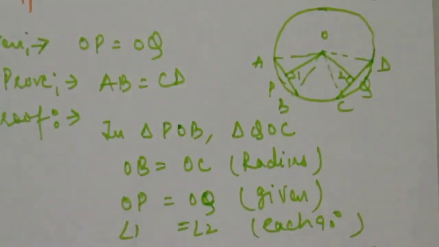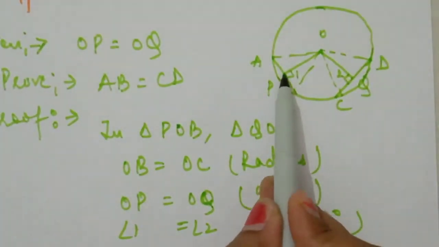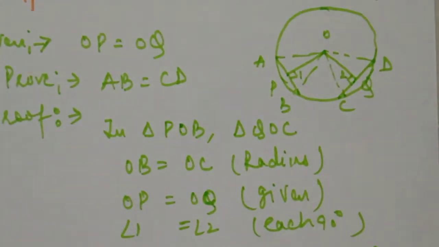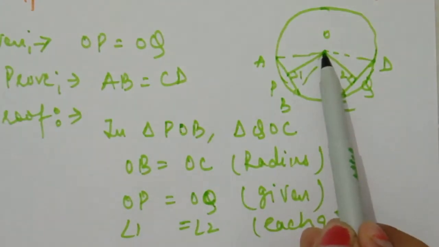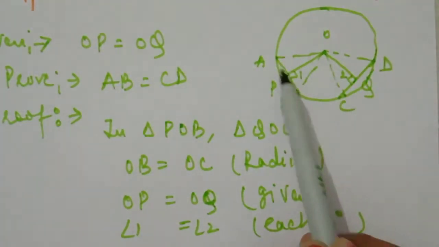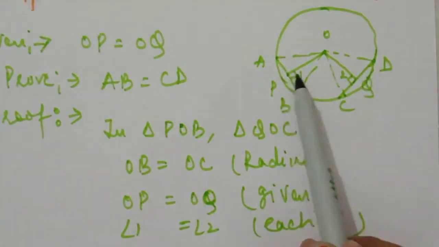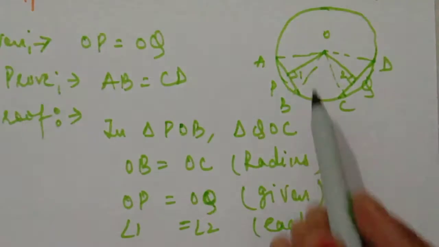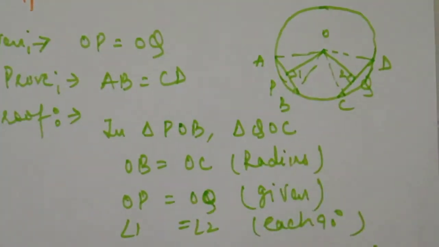But students, now I proved BP is equal to CQ, but we have to prove that AB is equal to CD. So students, think. We know very well, according to the first theorem, the perpendicular bisects the chord. It means this chord is bisected by OP, and AP and PB are equal to each other. It means PB is half of AB.